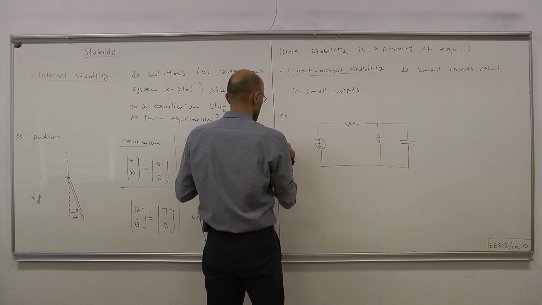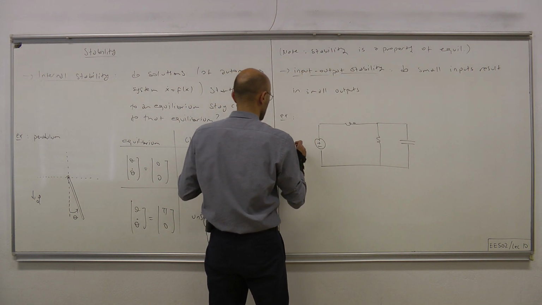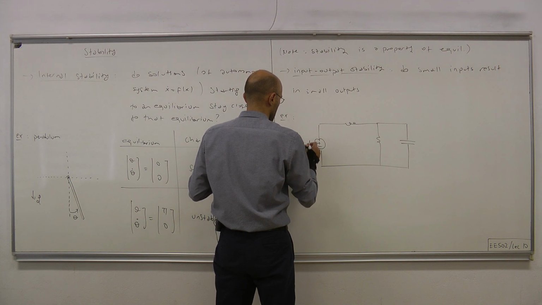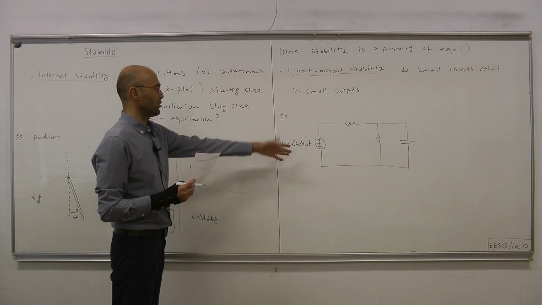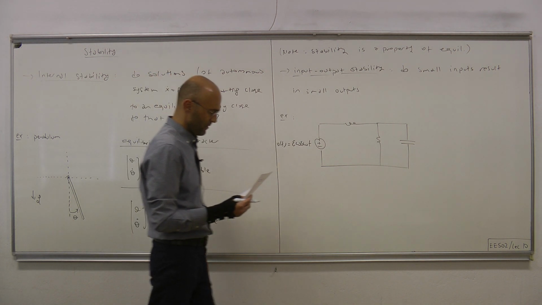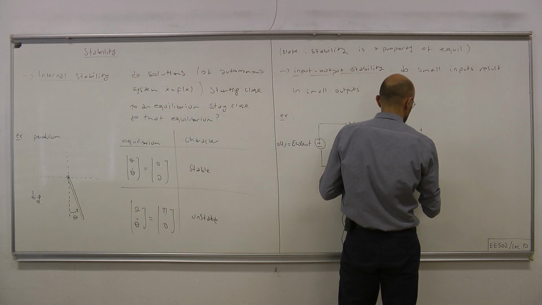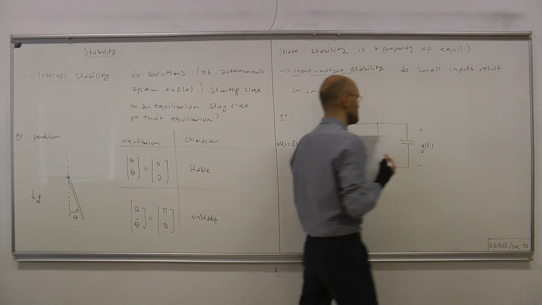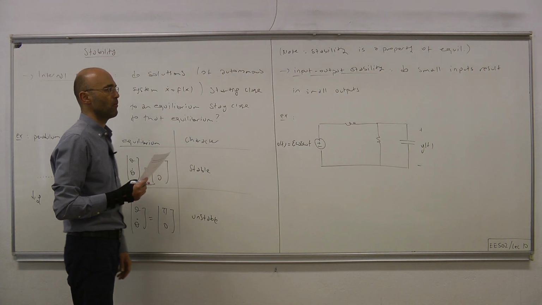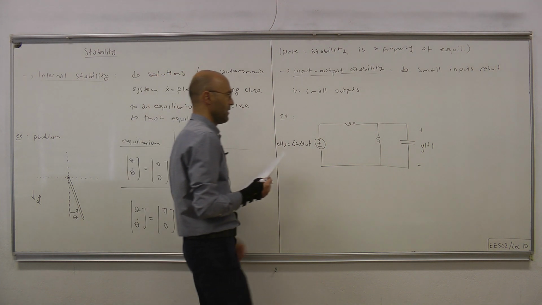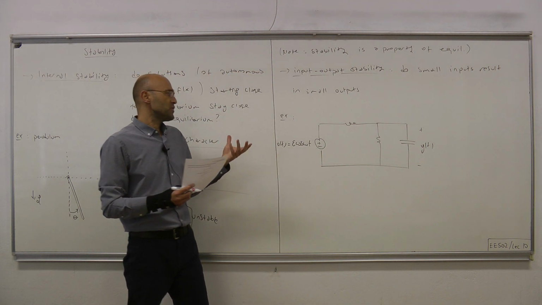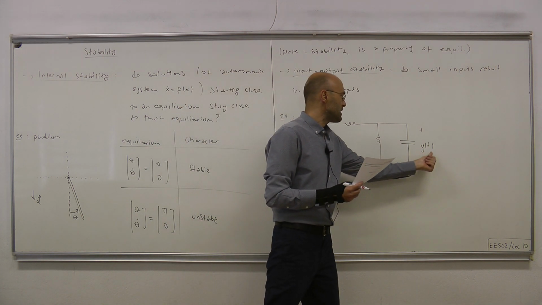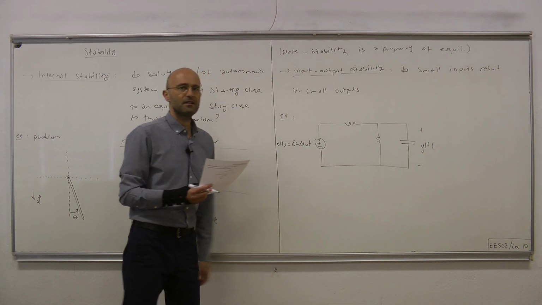Okay, suppose that this is our input, some sinusoidal signal, epsilon with some magnitude cosine omega t, and what we do is we collect the output as the voltage of the capacitor somewhere in the circuit, and then for certain applications, it may be important the relation between the output and this input.